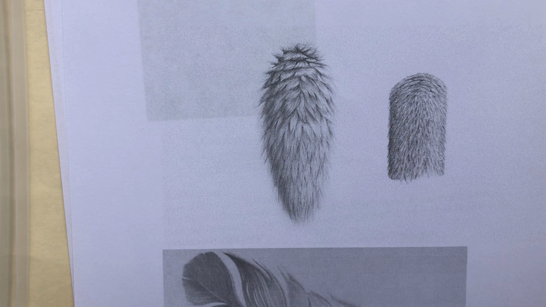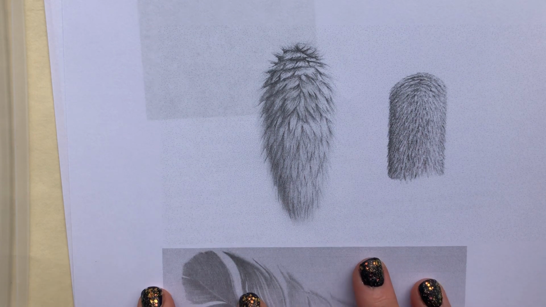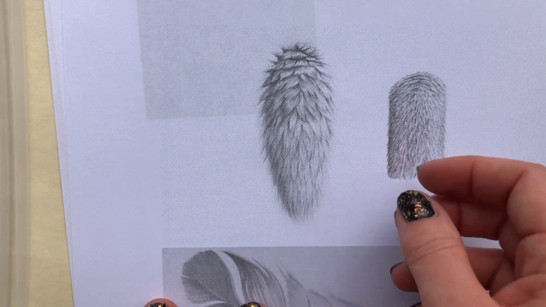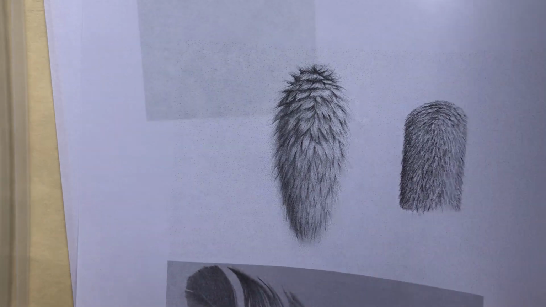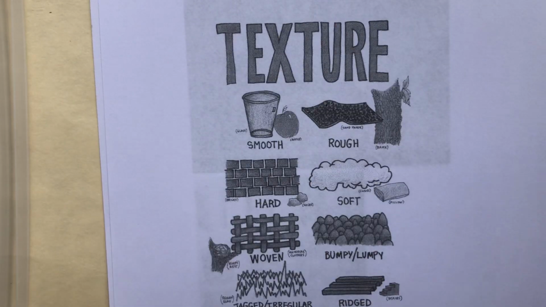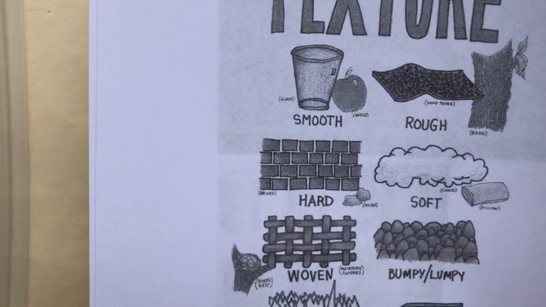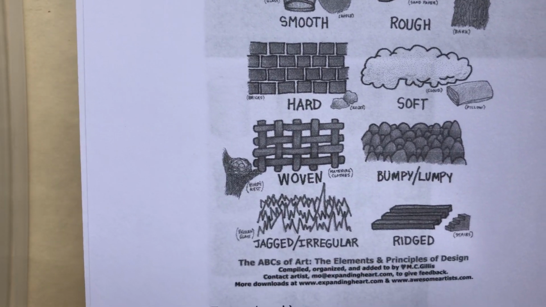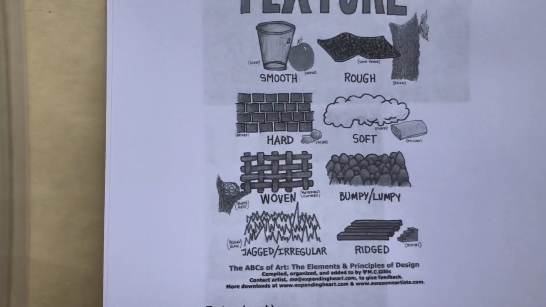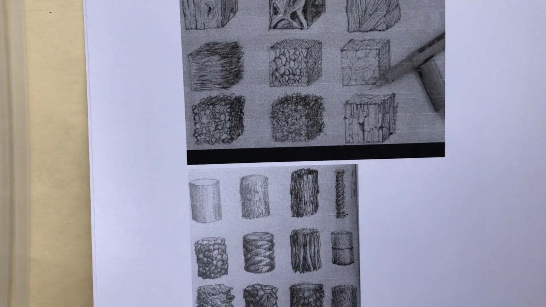Think about a cloud, think about a feather, anything that's kind of soft, and your application is really, really soft. You can start off with your H pencil, your 2H, if you want to do something like that. This is another example of a soft texture, the cloud. You don't have to do a cloud. It could be an abstract kind of thing. And I've got examples of soft and lumpy and jagged and hard and all those different textures.